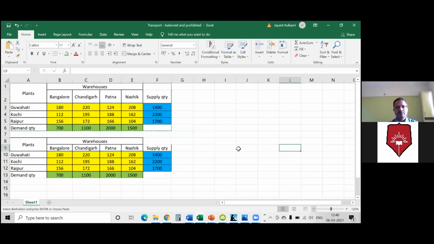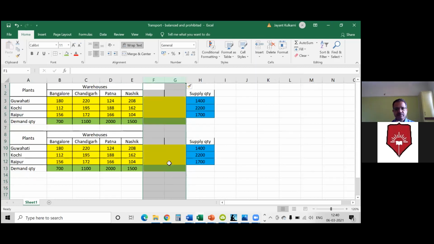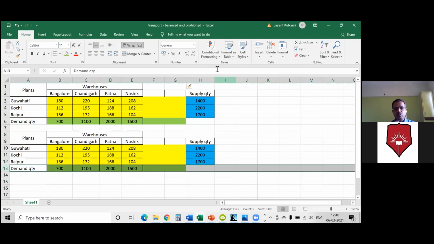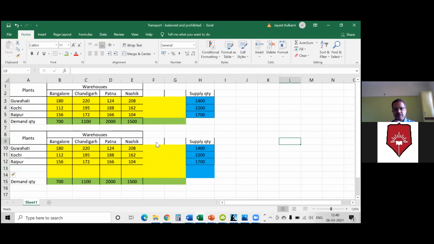Then what did we do? We inserted two columns here, correct? And we inserted two rows here. Yeah, that's what we did.